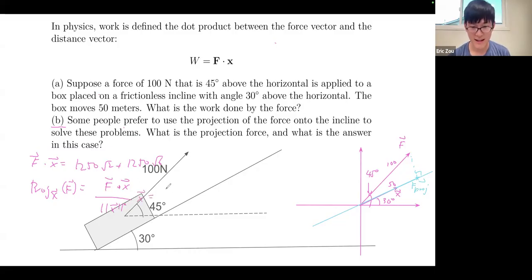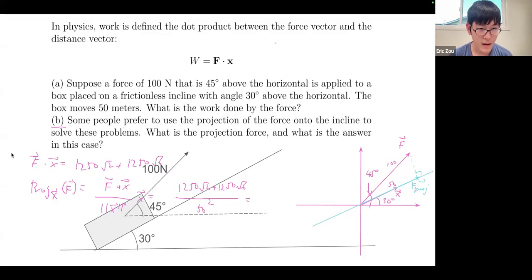We literally just used this. This is 1250 root 2 plus 1250 root 6 over x norm squared, which is 50 squared.